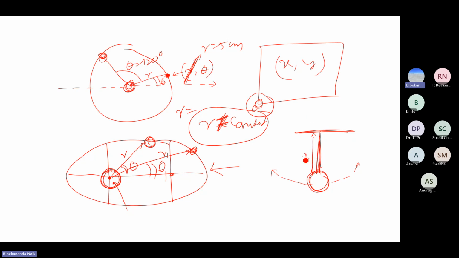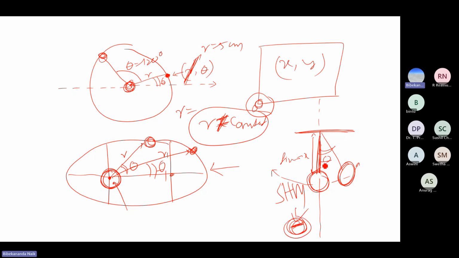So this is x, which is fixed. This is the line we draw. Then suppose it is here, so it will be only angle.